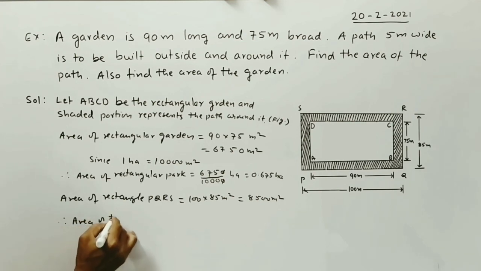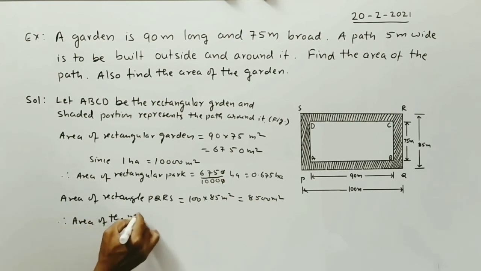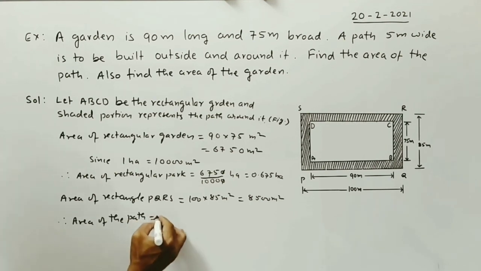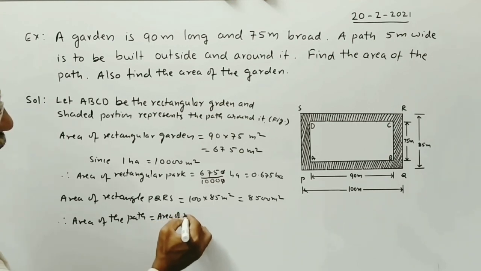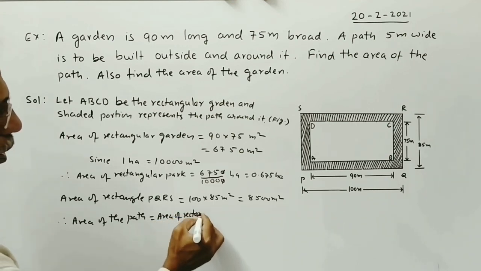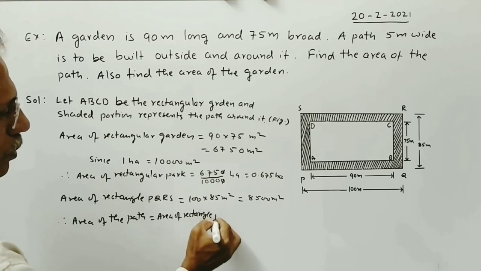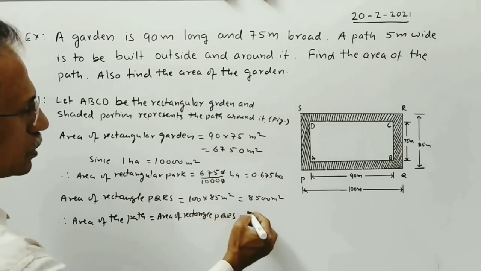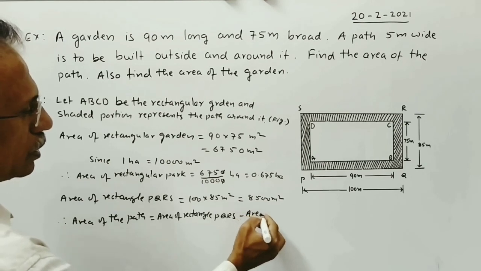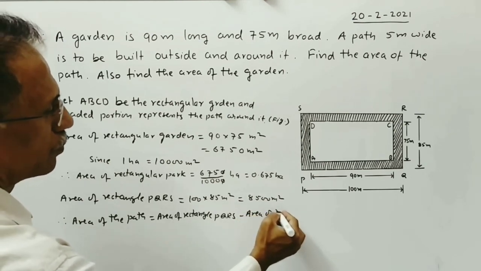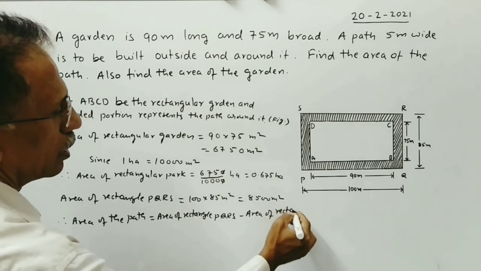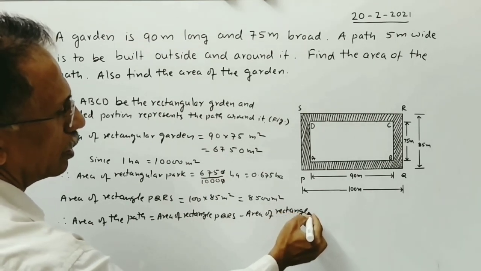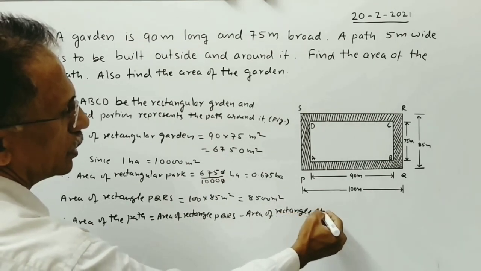Area of the path is equal to area of rectangle PQRS minus area of rectangle ABCD.